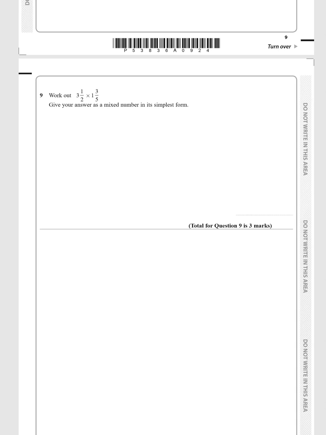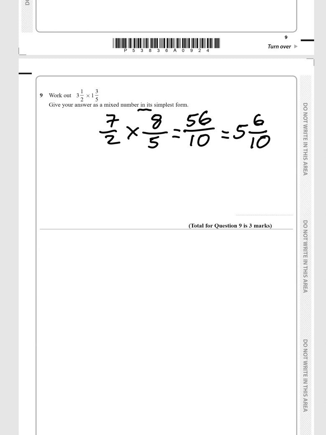So 3 times 2 add 1, we end up with 7 over 2, times by 8 over 5. Multiply it together. So we've got 10 on the denominator, 56 on the numerator, and then we can convert it into 5 and 6 over 10, not forgetting it needs to be in its simplest form. So that gives us 5 and 3 over 5, dividing these by 2.